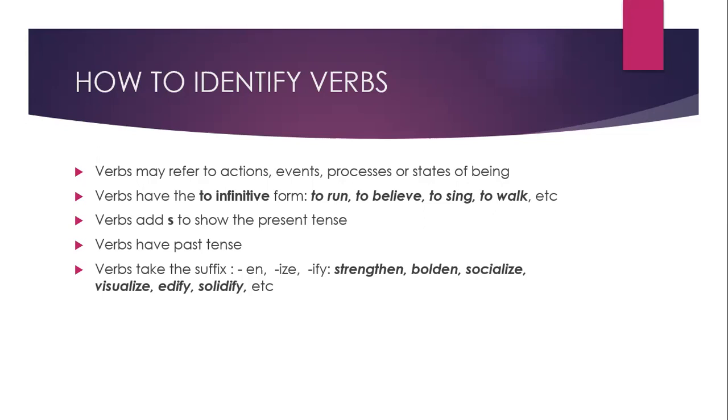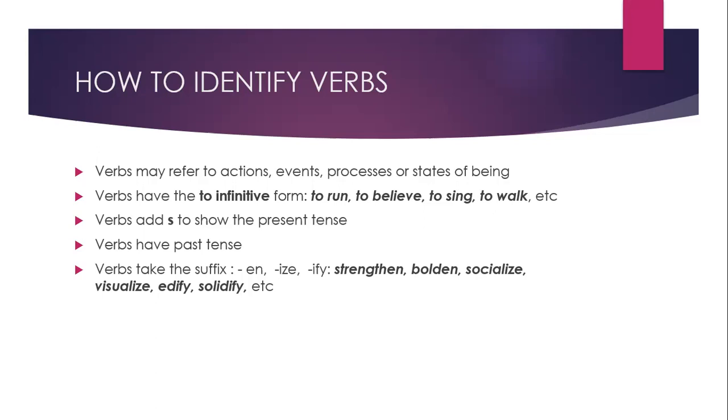Verbs have past tense. All verbs show the past tense. So when you see a word that has been expressed in the past tense form, you know that that word is a verb. Verbs also take some specific suffixes. If you see a word that ends with en or that you can add en, ize or ify to and make complete sense, most commonly those words are verbs.